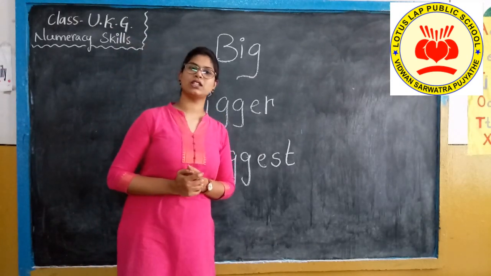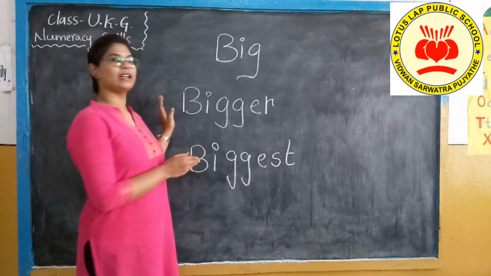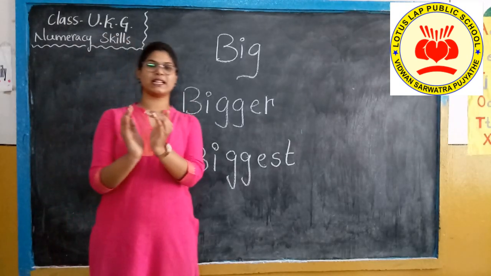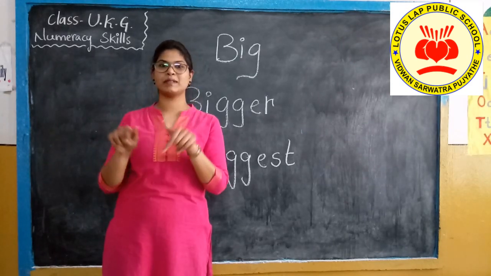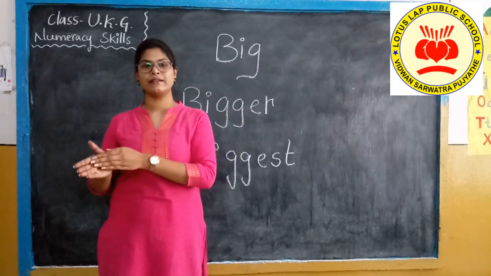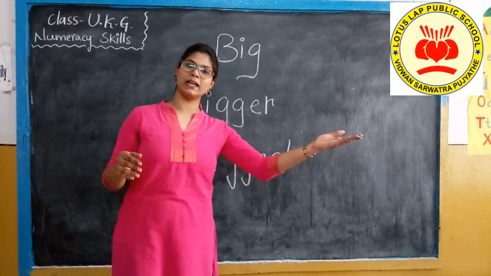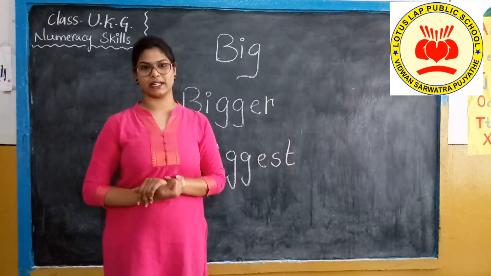We have also seen some examples and discussed them. If the first object is big, the next one will be bigger than the first one. The third one will be biggest among these three objects.